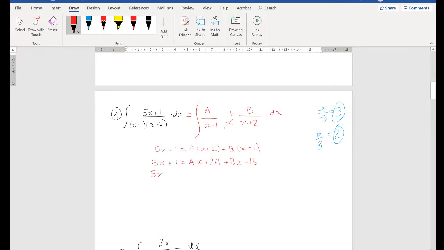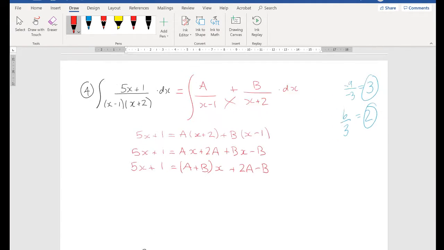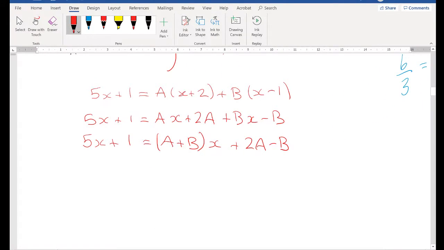If we can factorize into the terms, we get 2 simultaneous equations.